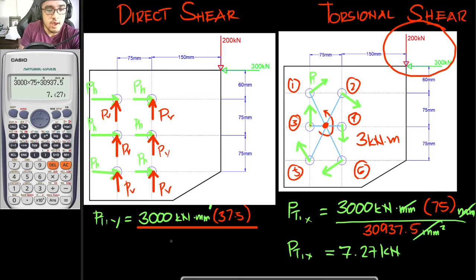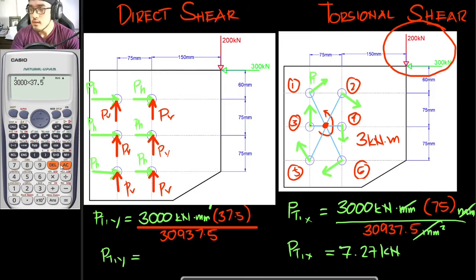Yes, sir. So, we would be dividing this by 30937.5. And for our answer here, PT1y is equal to 3.63.